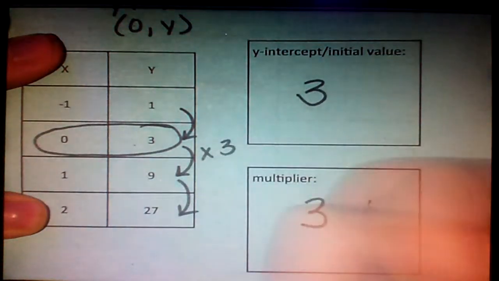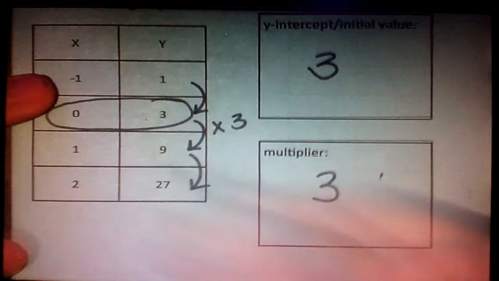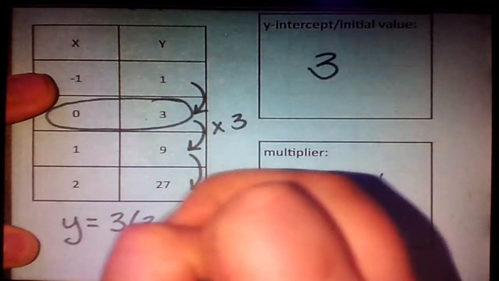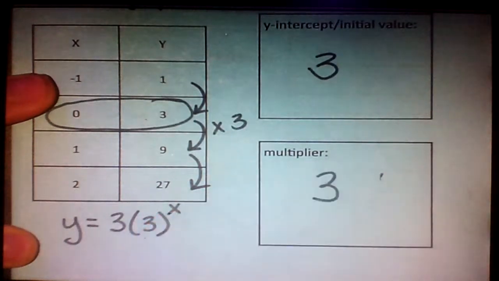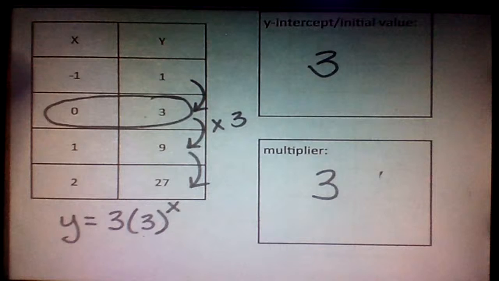So my multiplier is 3. That means my equation is y equals 3 times 3 to the x. Ta-da! It's that easy from a table.